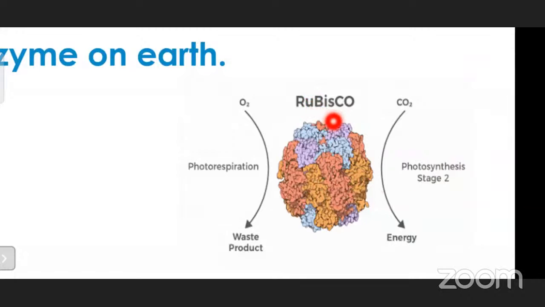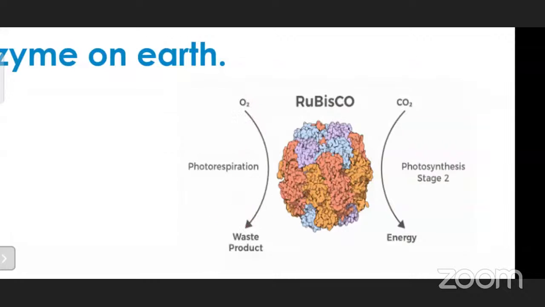The other part of this Rubisco is also having oxygenase. The oxygen molecule is going to get combined with RUBP, and it is going to undertake photorespiration in the presence of sunlight. Respiration is also carried out in the plant cell, that is called photorespiration. And here the waste product, because it is of no use for this plant, is considered as waste product.